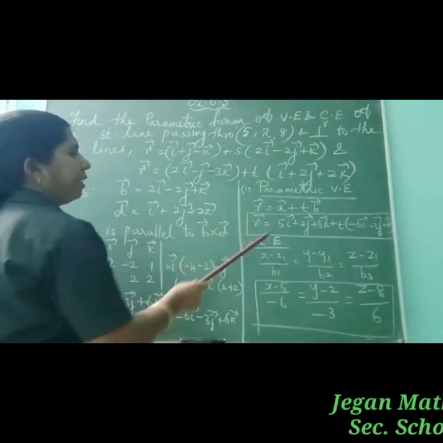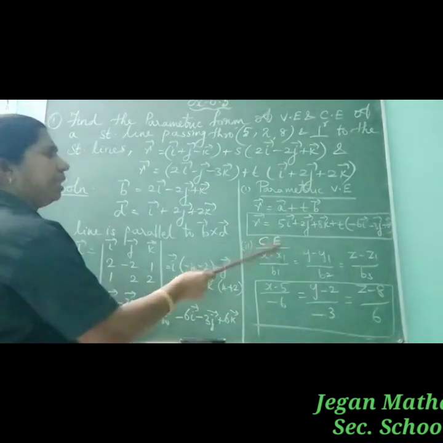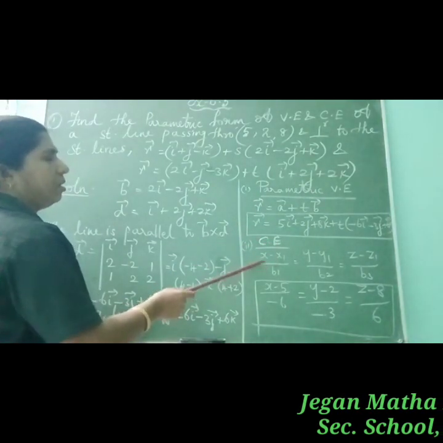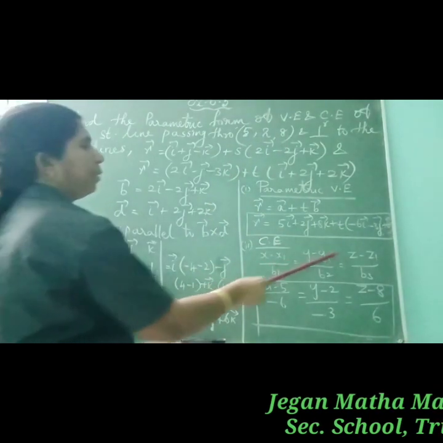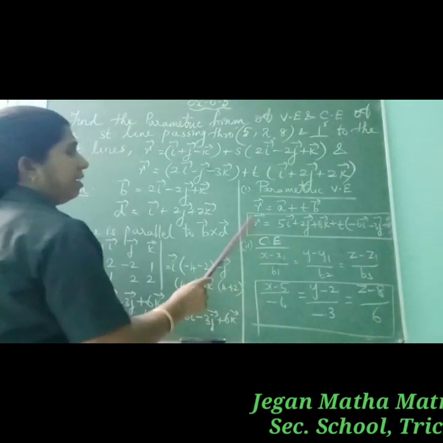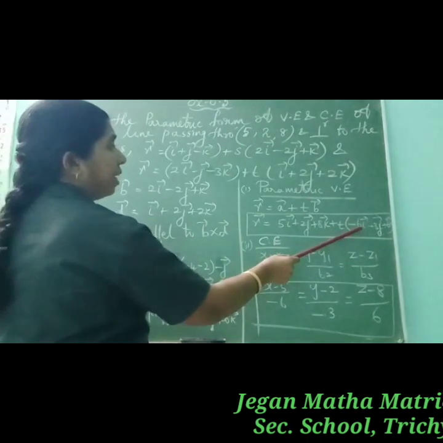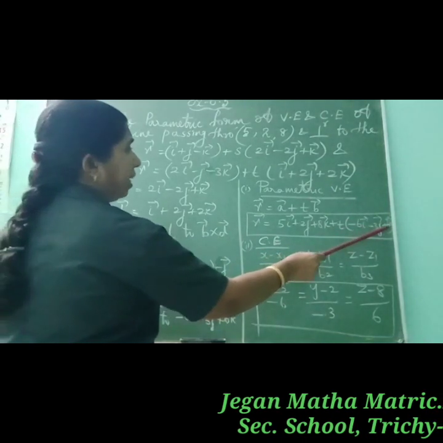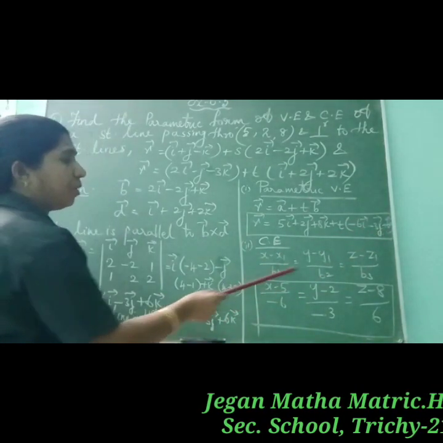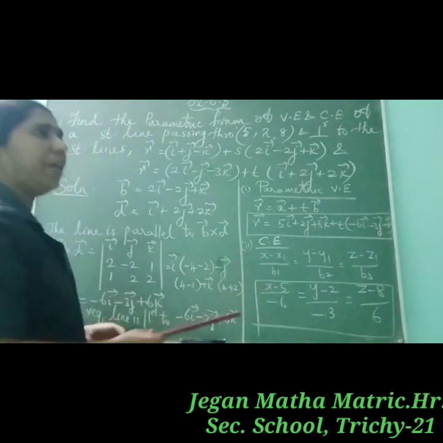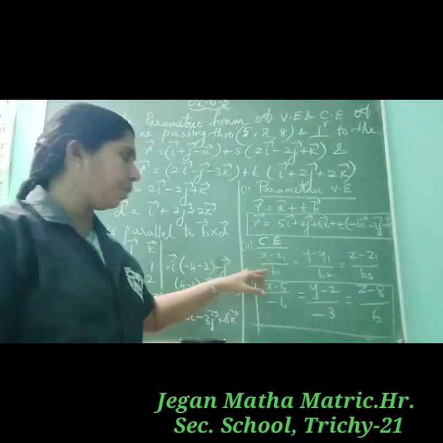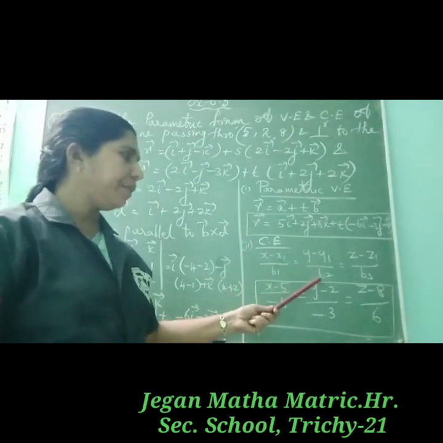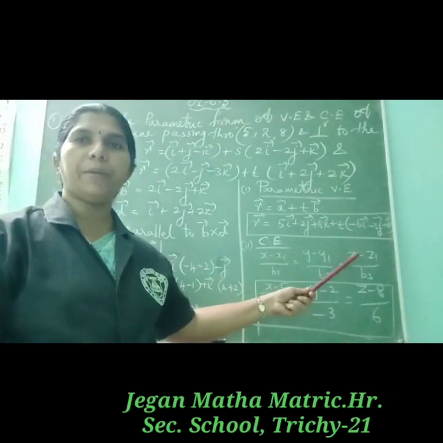Now we have to find the second part, the Cartesian equation, with the same point. So here 5, 2, 8 is considered as x1, y1, z1 and the parallel vector values minus 6, minus 3 and 6 are considered as b1, b2, b3. The formula for the Cartesian equation is x minus x1 by b1, y minus y1 by b2 and z minus z1 by b3.